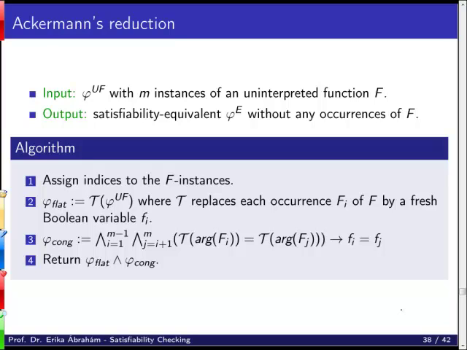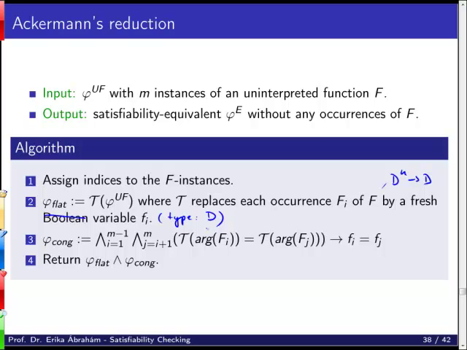Oh, sorry. No, this is wrong. Its type is the domain of F. So if F is a function from d^n to d, then the type of F1 is also d. Yeah. Thank you.